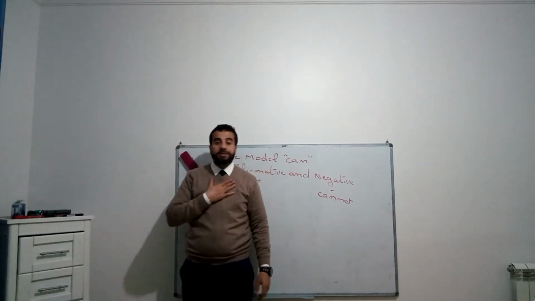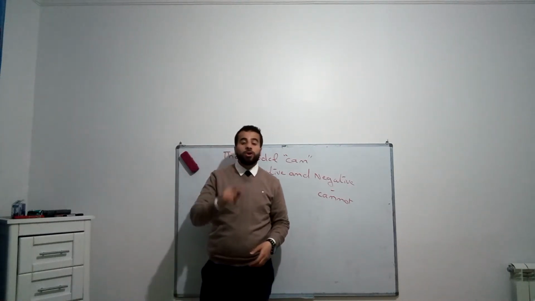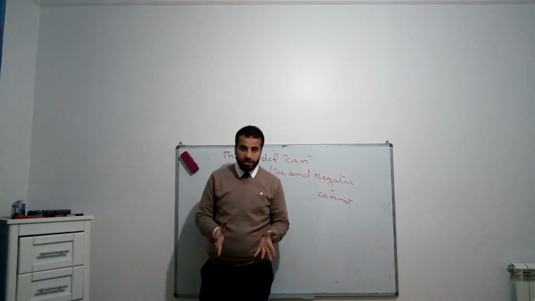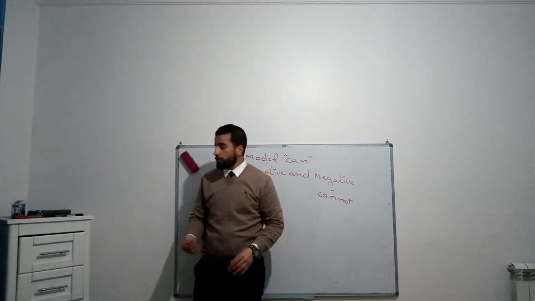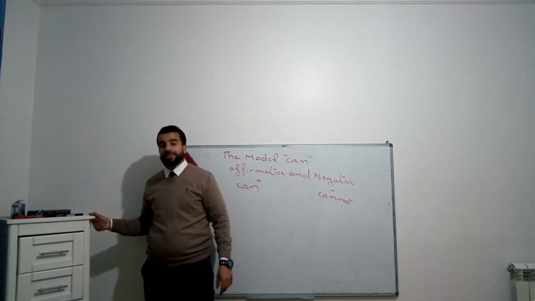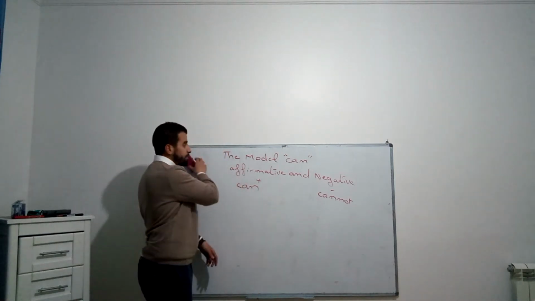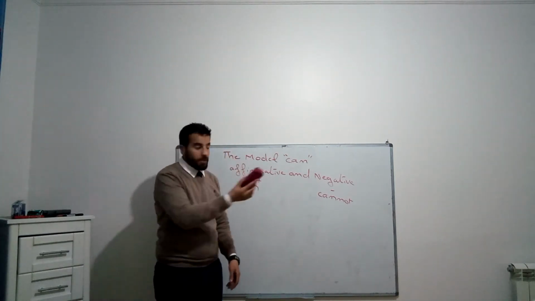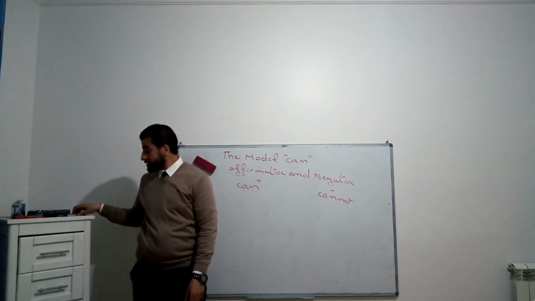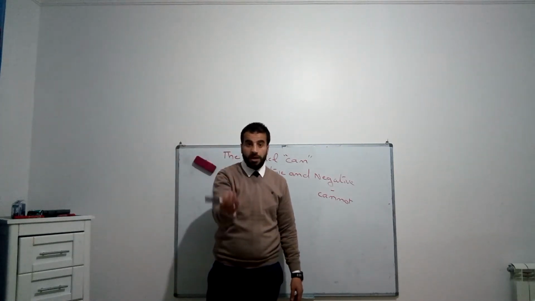I can speak English, but I cannot speak Chinese. Another example, I cannot lift this, but I can lift a razor. I can lift the marker. I can lift it. I can hold it. Okay, very light.